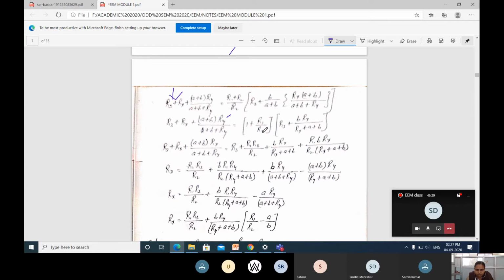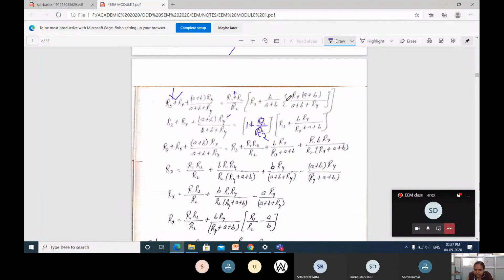R1 divided by R2 plus R2 divided by R2, meaning 1. I can split the numerator here. For that reason R2 by R2 is 1. For that reason here it is 1 plus R1 divided by R2 that we will be getting. This is what it is here.